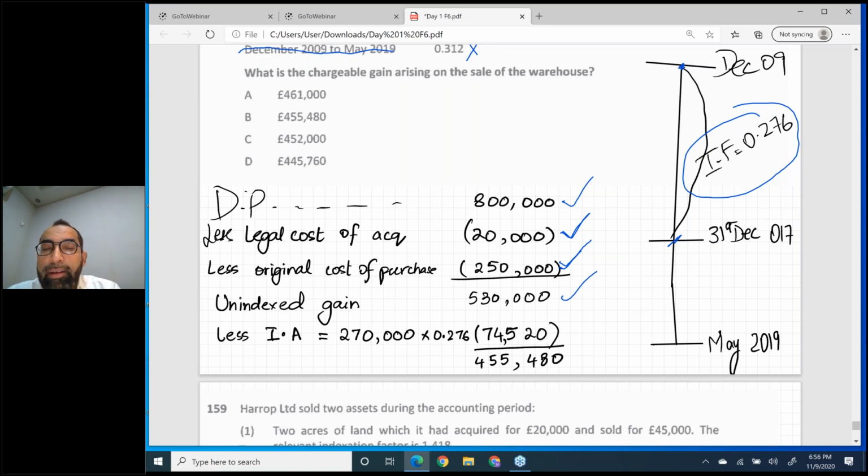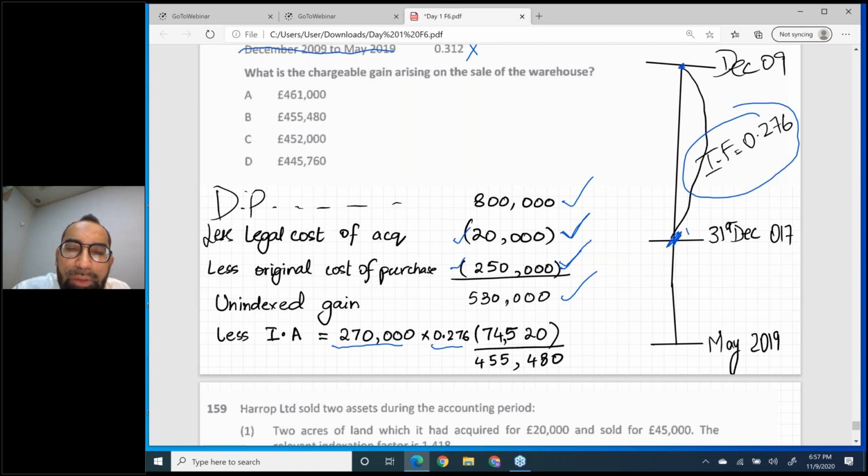And now from this unindexed gain, you will deduct indexation allowance. What is the formula of indexation allowance? I told you on the earlier slides: cost multiplied by index factor. Both costs are incurred on the same date, December 2009, so we add these two costs and multiply by the index factor, which is till 31st December 2017.